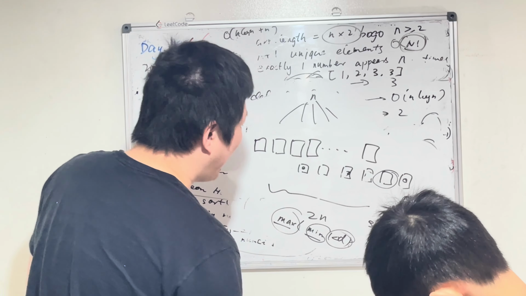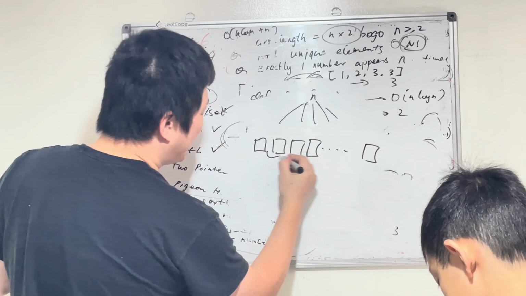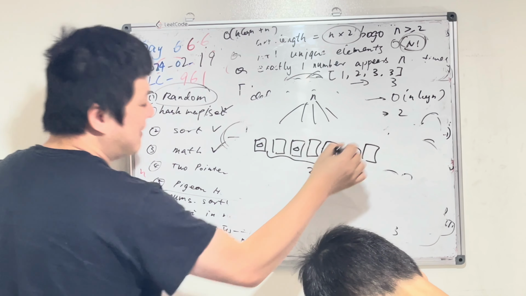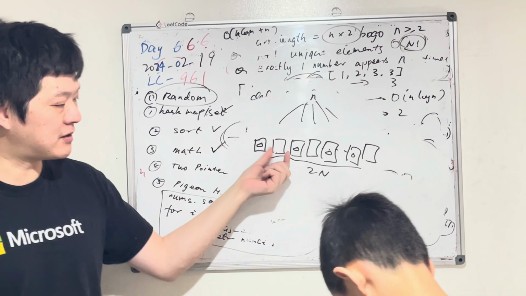If we have 2n holes, the best case to maximize the distance is that we put this number here and skip this one, and put another duplicate number here. So every other hole we put a duplicate number, because there are n numbers and we want to put them in the 2n holes.